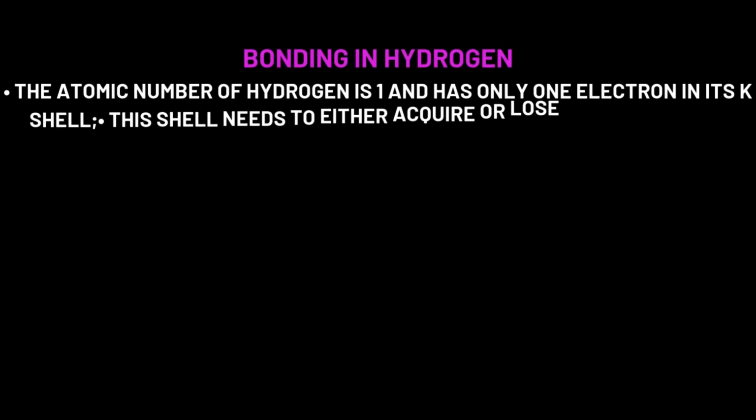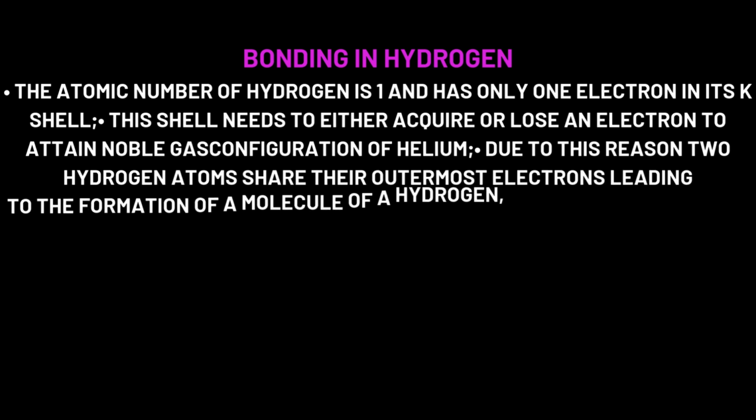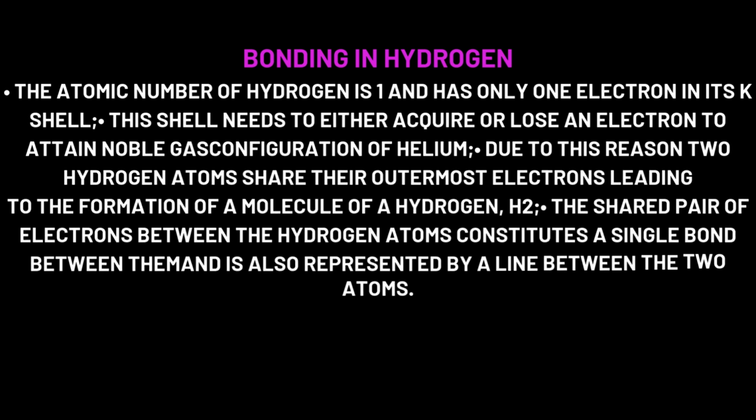Bonding in hydrogen. The atomic number of hydrogen is 1 and it has only 1 electron in its K shell. This shell needs to either acquire or lose an electron to attain the noble gas configuration of helium.